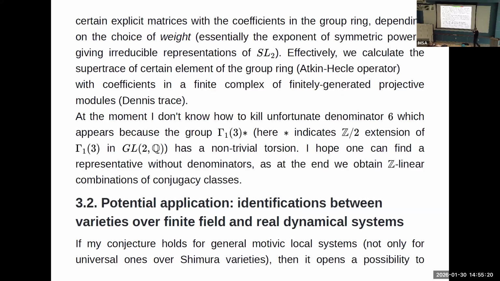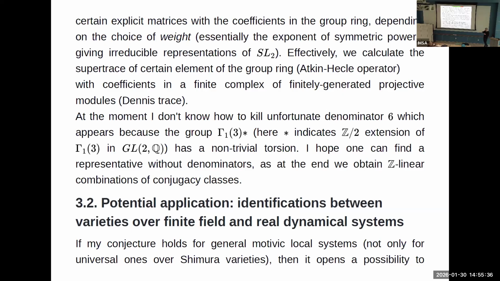what I have, for example, in this example, is values of these Bessel functions. Values of Bessel functions are between -2 square root of q and 2 square root of q, and we get q such numbers. So many of them coincide.